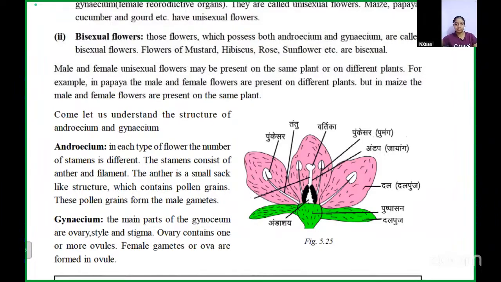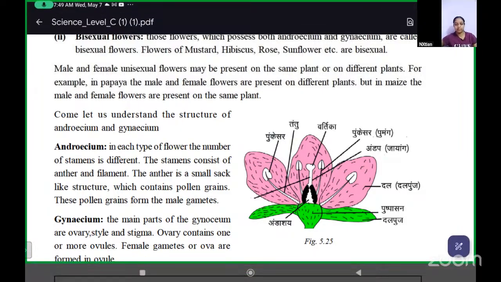Abraham? Androecium and gynoecium. Yes. What are the parts of androecium, Emma? The filament and... the stem?